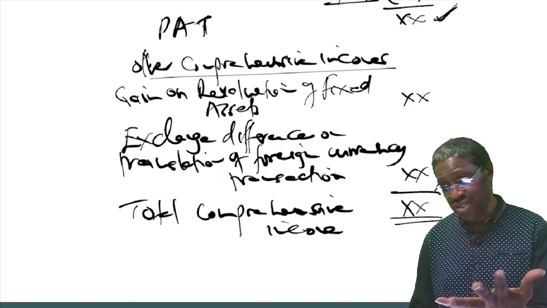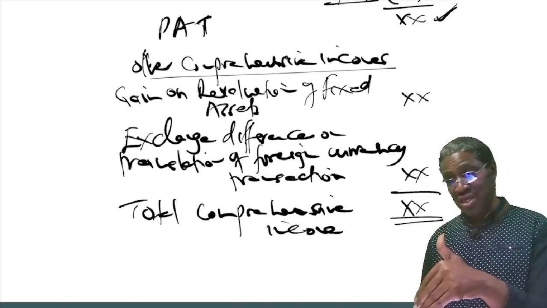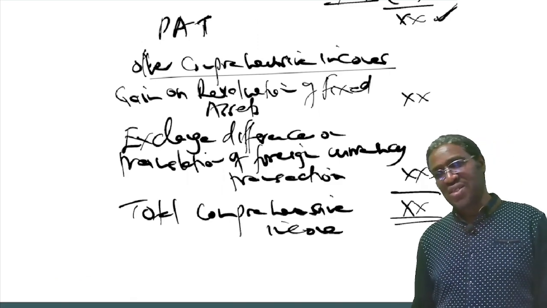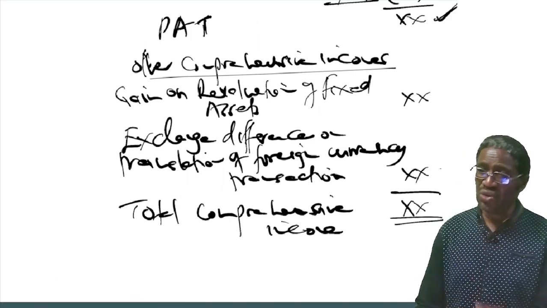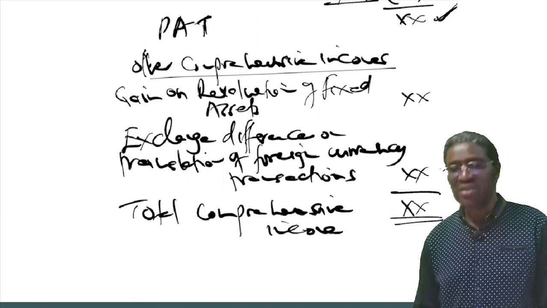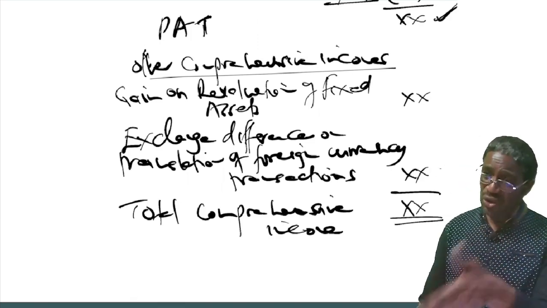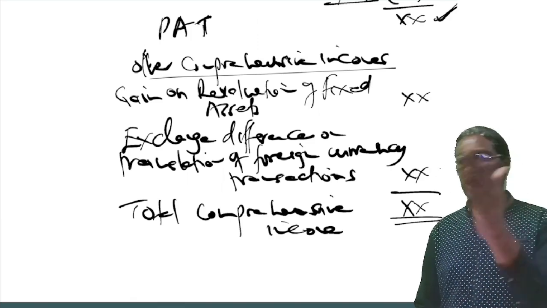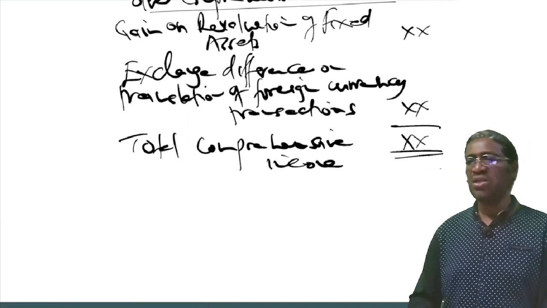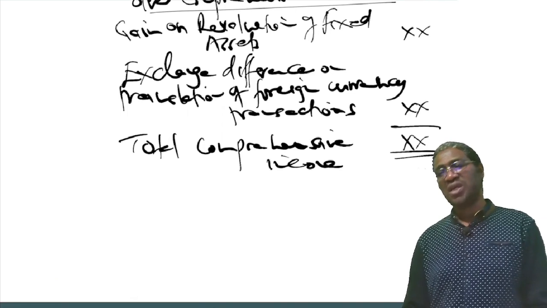Of course, if it's a loss, you minus. Then I've given another example, exchange difference on translation of foreign currency transactions, whatever it is. Again, it could be a gain or loss. If it's a gain, you add. If it's a loss, you minus. Then you get what we are calling total comprehensive income.